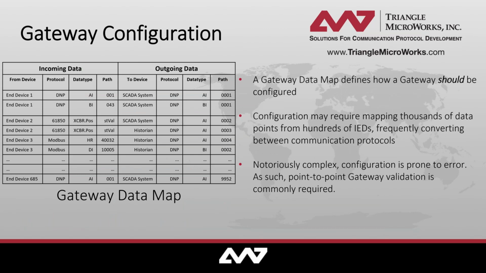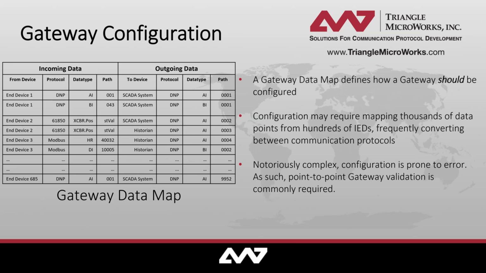Following the principles of any engineering design process worth its salt, before you jump in and begin configuring a gateway, you must first decide what its function will be. In the case of a gateway, this means defining what data will flow in and what data will flow out.